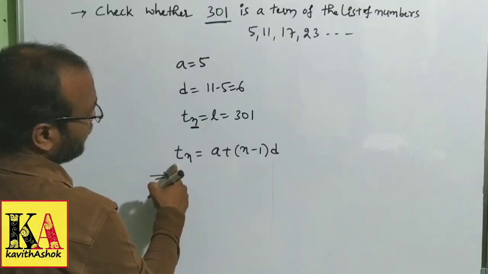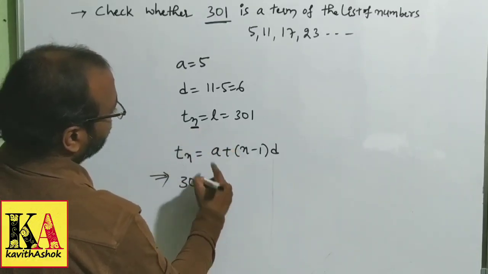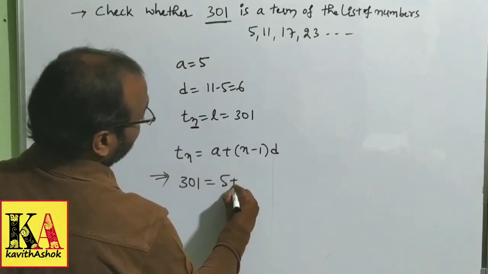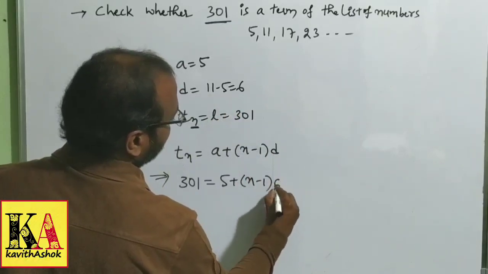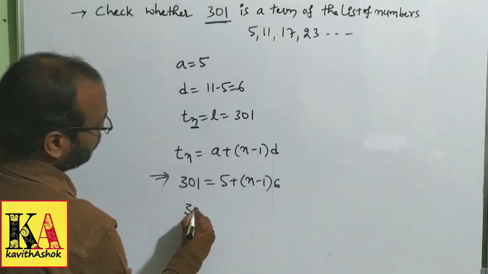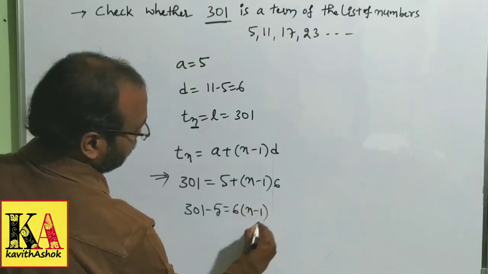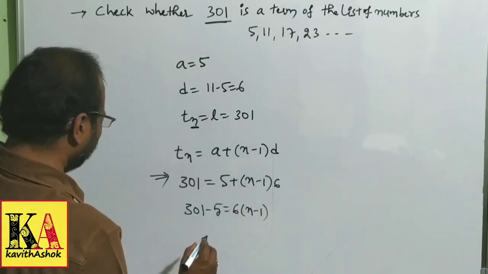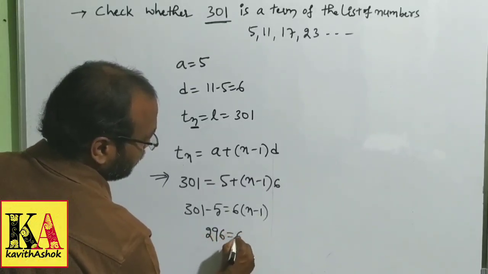So we are considering this last term Tn as 301. This is equal to a, which is 5, plus n minus 1 into d, common difference 6. Now 301 minus 5 is equal to 6 into n minus 1. Now 301 minus 5 is 296. That is equal to 6 into n minus 1.